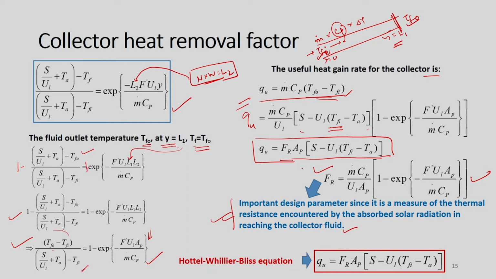And finally, what expression we get is something like QU is equal to FR AP, then multiplied by this S minus UL TFI minus TA, okay. So QU is related with TFI, and this is a famous equation developed by Hottel-Whillier and Bliss, okay, and this expression is also known as the Hottel-Whillier-Bliss equation, okay.